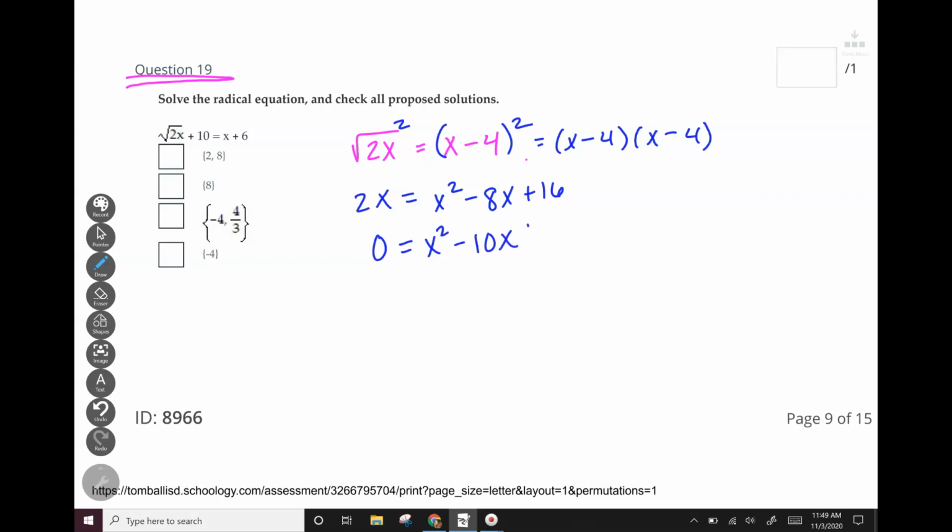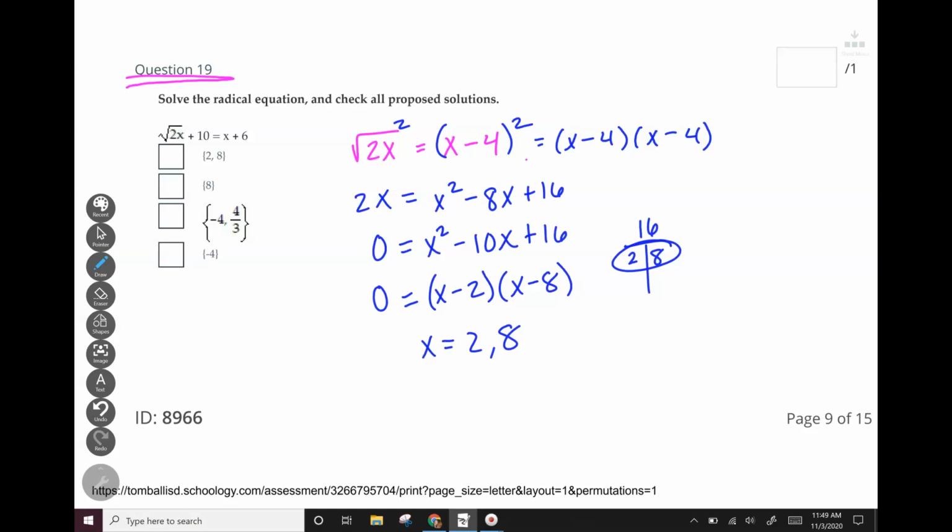Minus 10x plus 16. Okay, so I like to factor. This is factorable, so two numbers that add to negative 10 and multiply to 16. So you've got 2 and 8. Oh, there it is. Make both of them negative. x minus 2, x minus 8. So they add to negative 10. So your two solutions are 2 and 8.